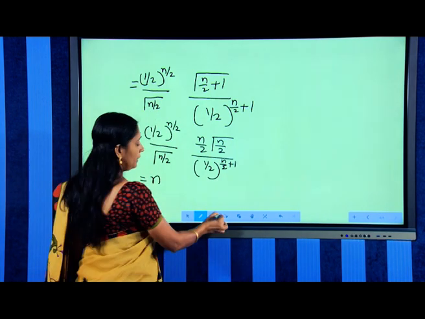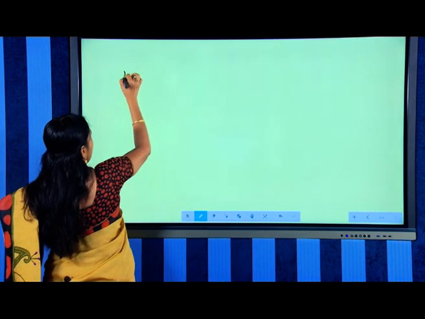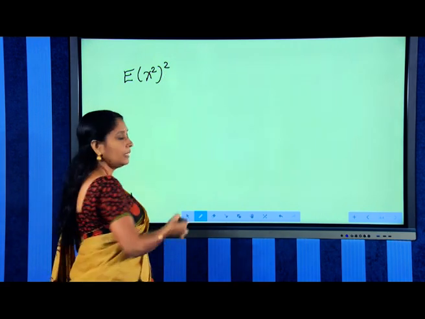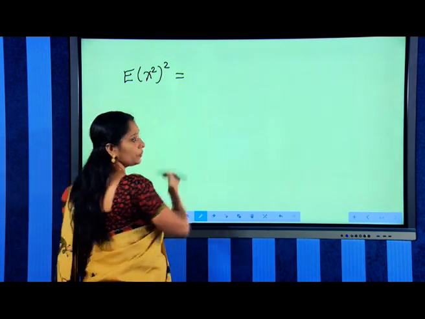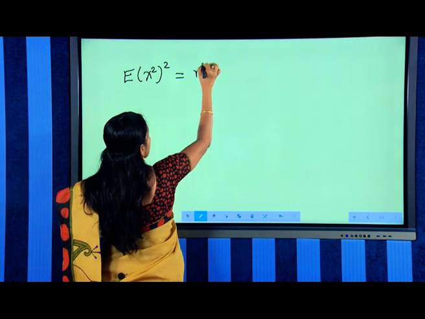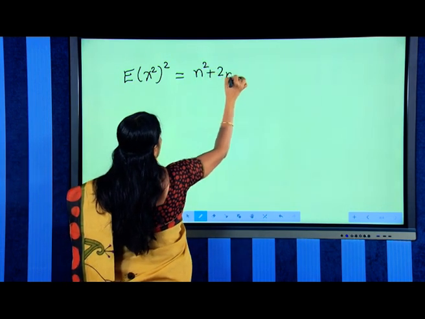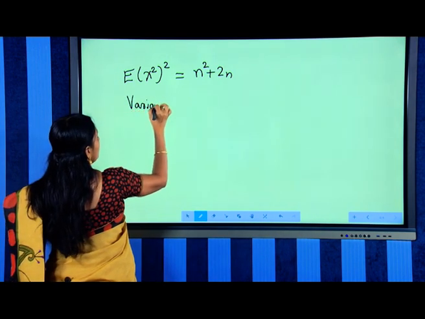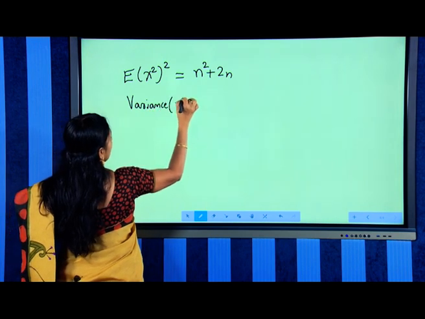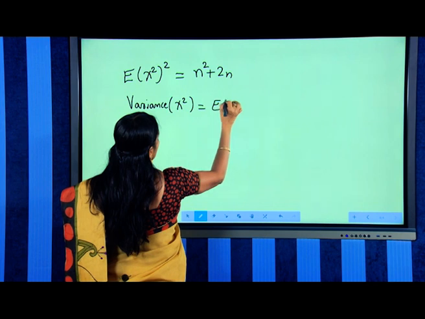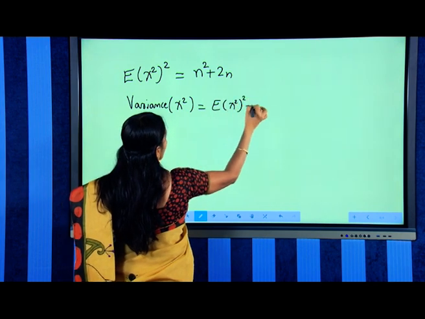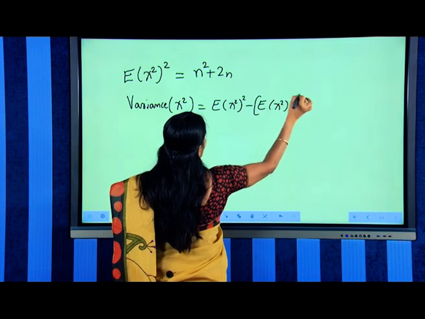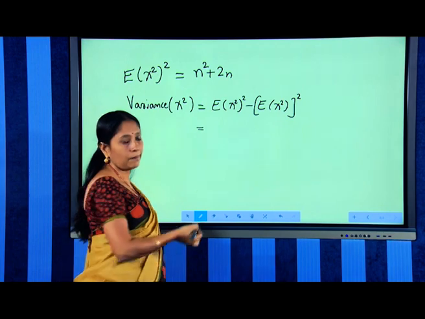Similarly, we can find out expectation of chi-square square, and in a similar way you will get this as n square plus 2n, and hence variance of chi-square is equal to expectation of chi-square square minus expectation of chi-square the whole square, which is equal to 2n.